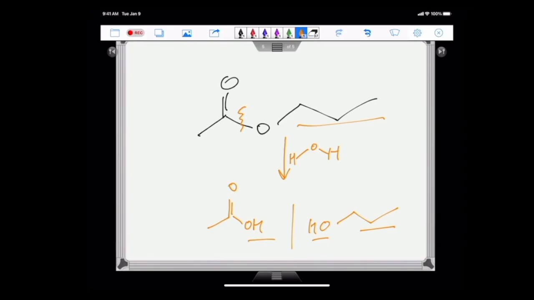Interesting thing about these small molecule carboxylic acids: does anybody recognize this one? 2 carbons, OH, CH3COOH, it's acetic acid. What does acetic acid smell like? Sometimes when things go bad, like juice left in the corner of your room for a very long time, not only is it alcoholic, but it smells sour.